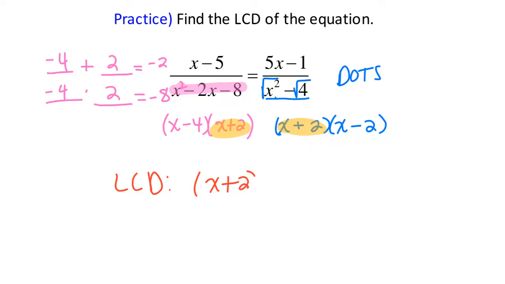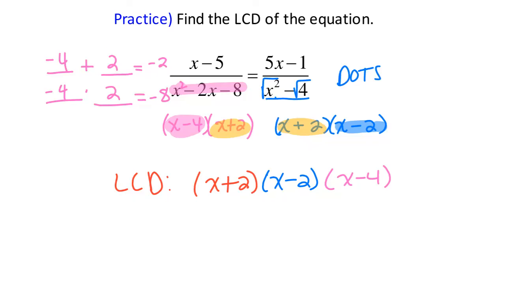And then everything else, you just attach it at the end. So I'm going to do this x minus 2 next. It doesn't really matter what order you put them in, as long as you have all 3 of them. And then the x minus 4 at the end.